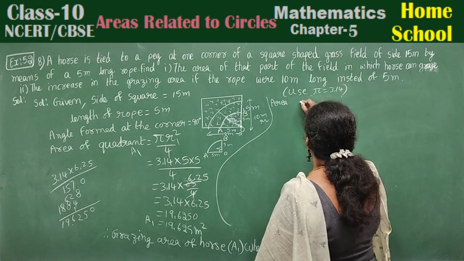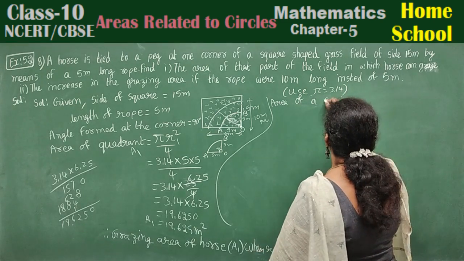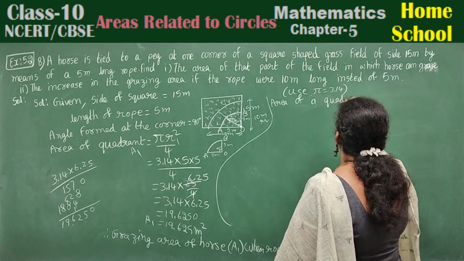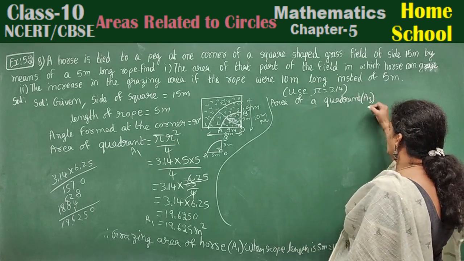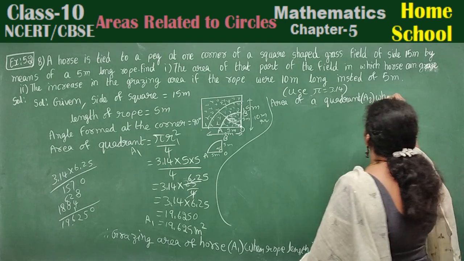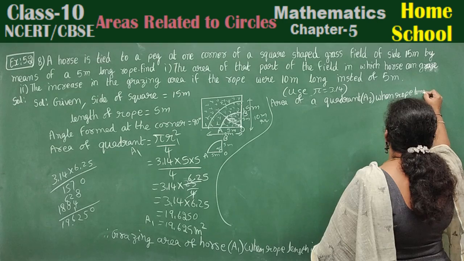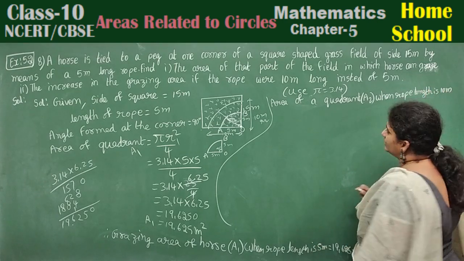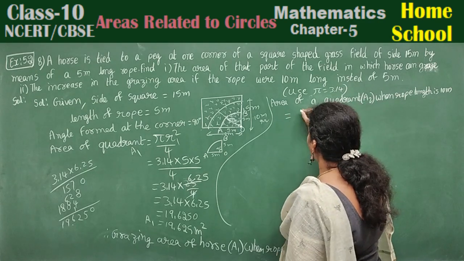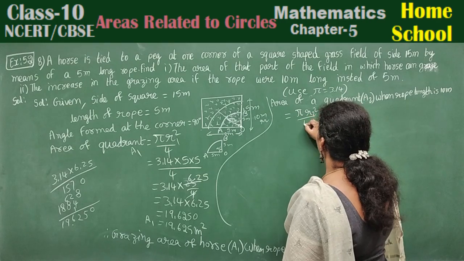Area of a quadrant, again the same quadrant, area of a quadrant A2 when rope length is 10 meters is equal to pi r2 square by 4.